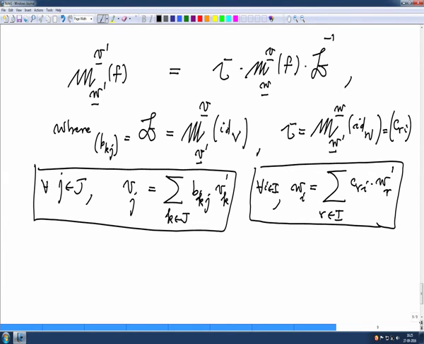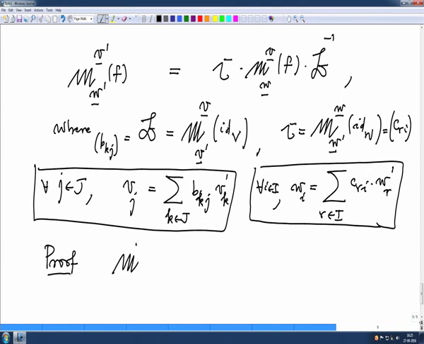So to check this, both C and B are invertible matrices. So B inverse makes sense. So I can multiply on this side and check. So it is enough to check that. So proof. Enough to check that this is multiplied by B on the right.